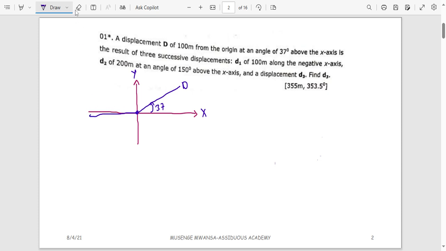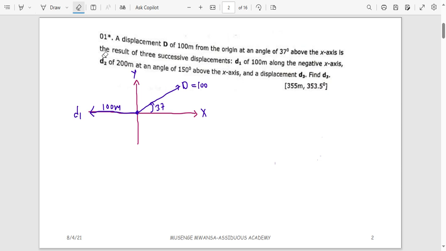This is the one going like this along the negative x. That is vector d1, I can put an arrow. They've told us the displacement is 100 meters. How about this other one? The displacement was also 100 from the question.